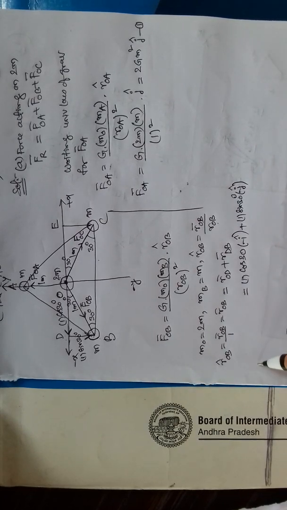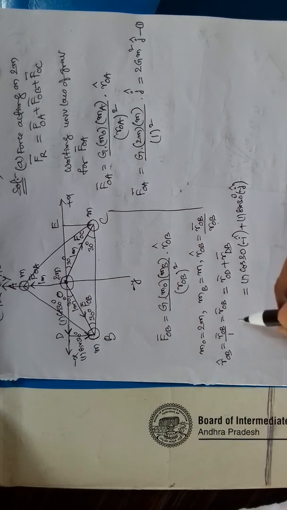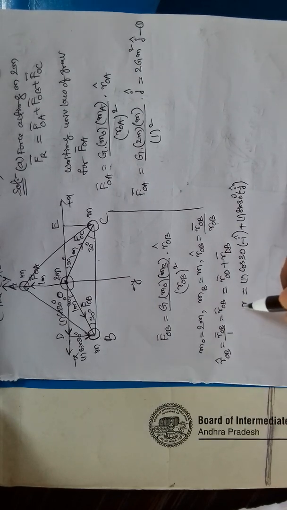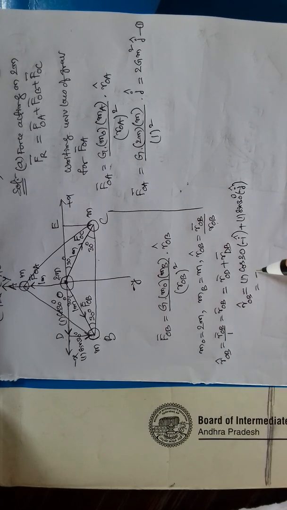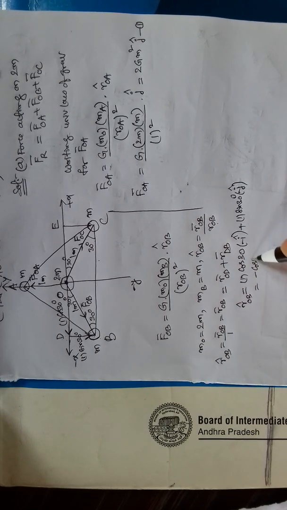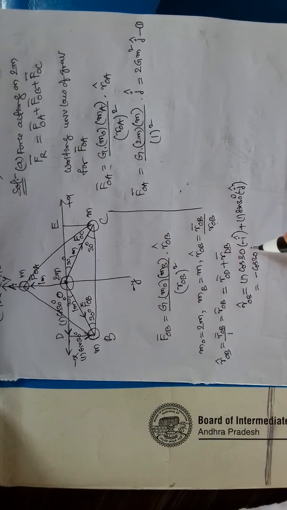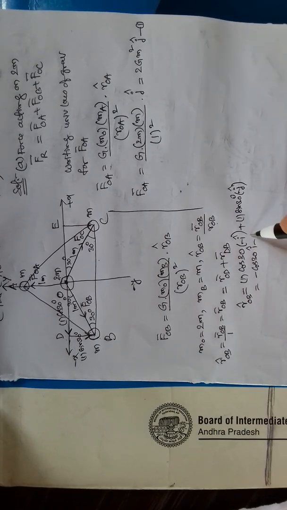So we write here, this is our OB, that is equal to minus cos 30 i minus sin 30 j.